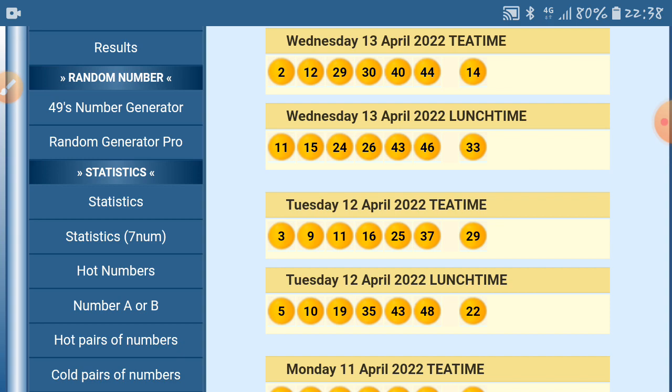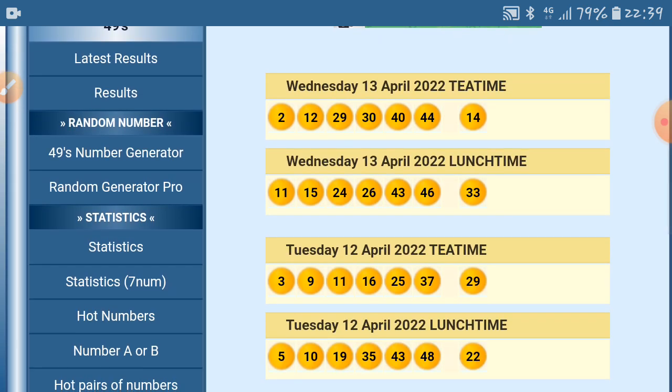Okay, let's do the lunchtime draw for tomorrow with a lot of observations and a lot of changes that are happening. I'm going to start with the date tomorrow.